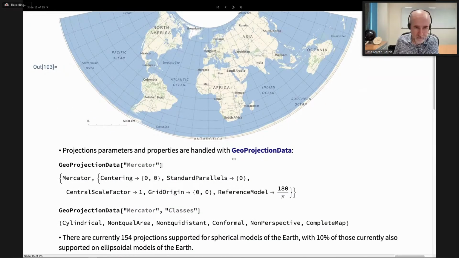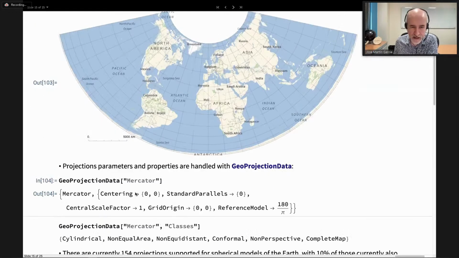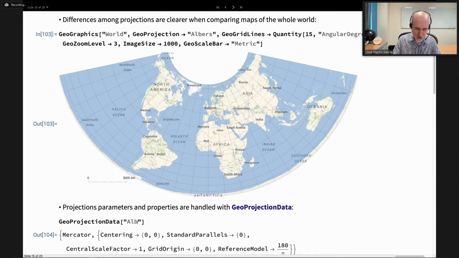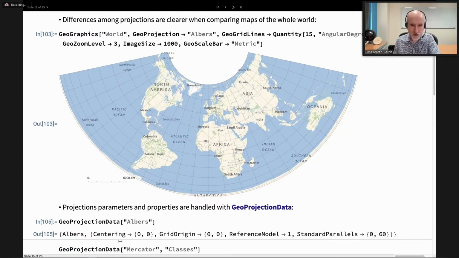Okay, so we have geoprojection data to compute various properties, to report properties, and options for the geoprojection. So each of the projections has options. For example, let's do Albers. So what can we change for the Albers projection? So we have the centering, which will be that point.